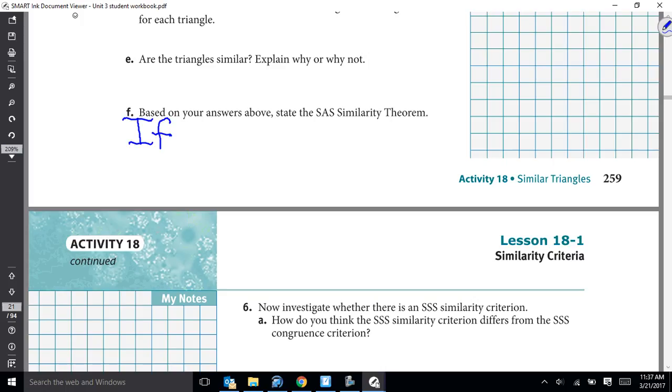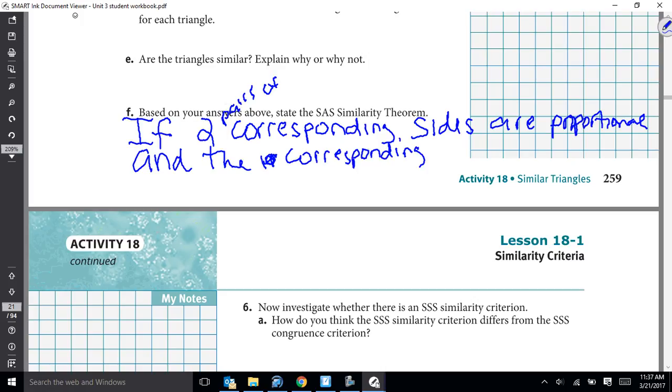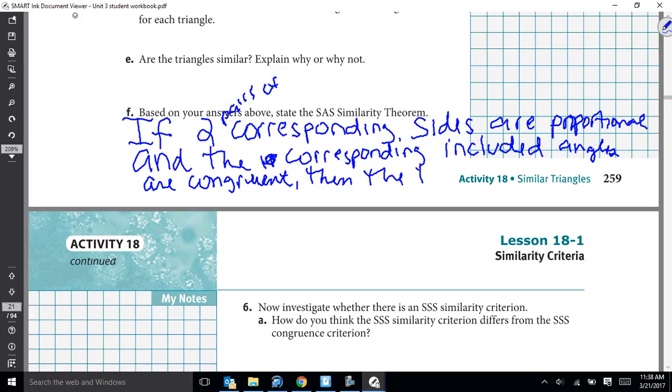So if two pairs of corresponding sides are proportional and the corresponding included angles are congruent, then the triangles are similar.